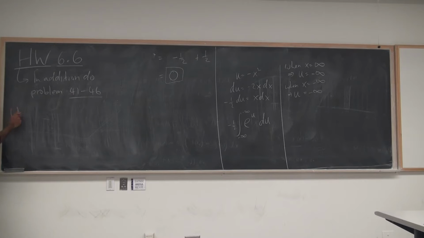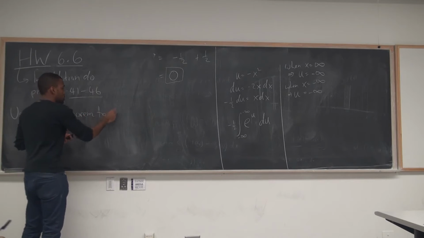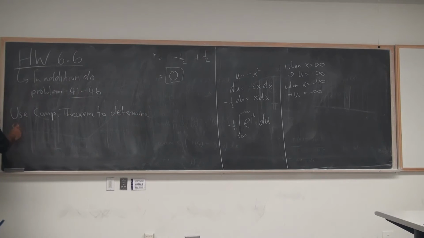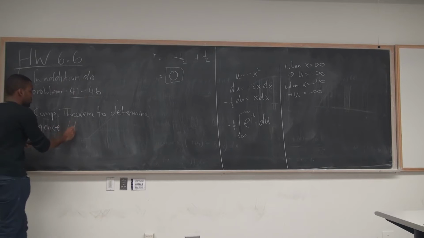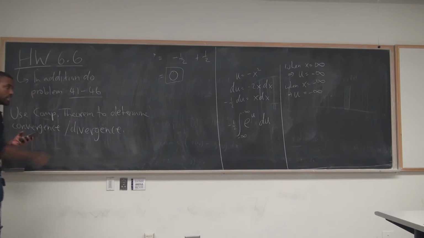So basically, the question said use the comparison theorem to determine convergence or divergence. There are problems like that in the review for the test, but it'll be nice if you actually practice some homework problems.